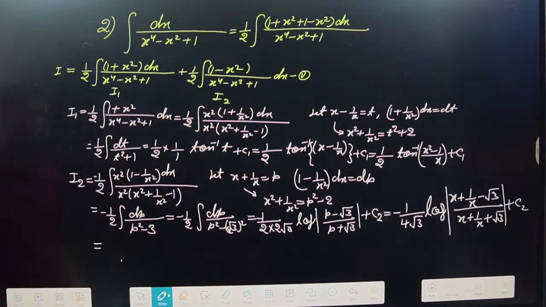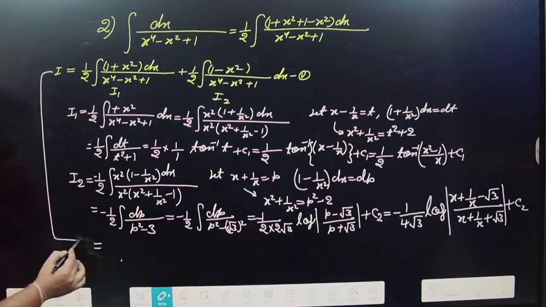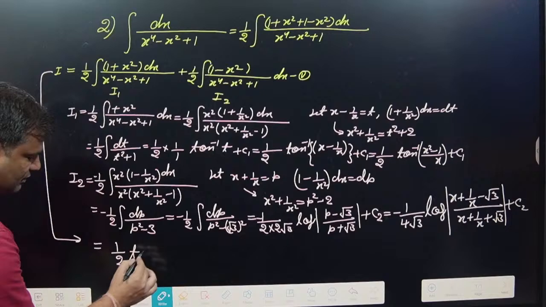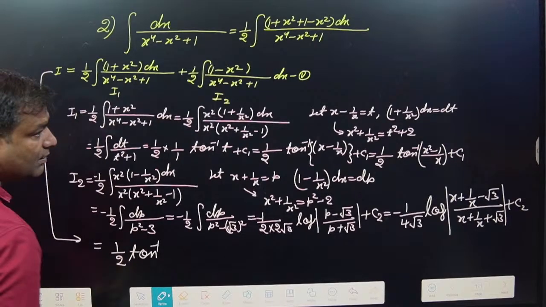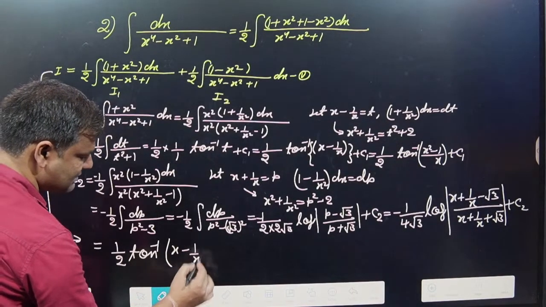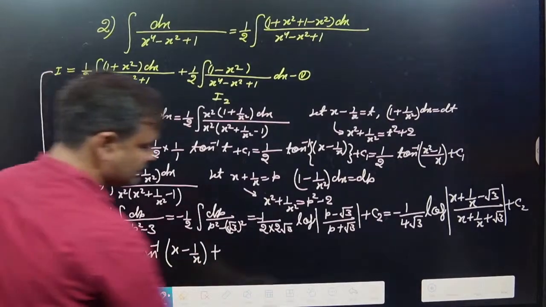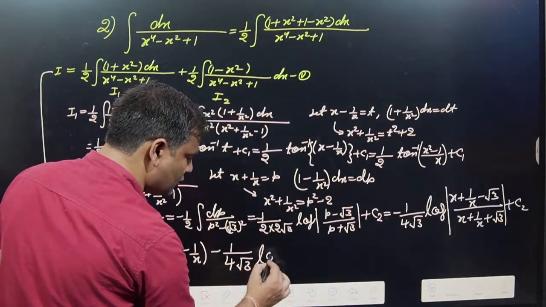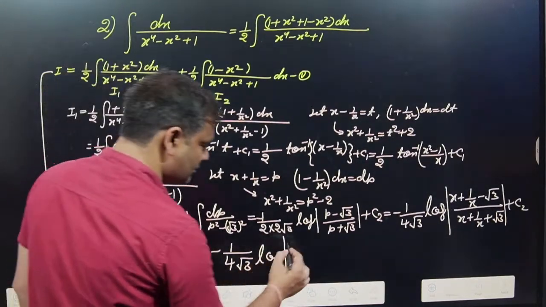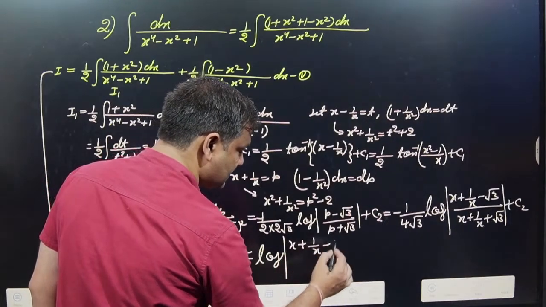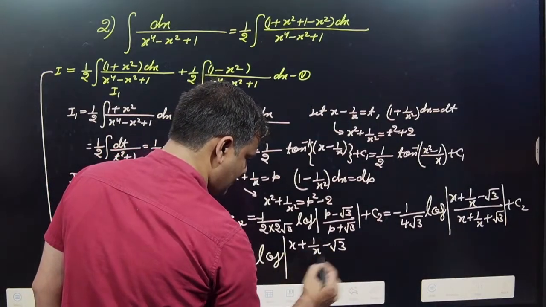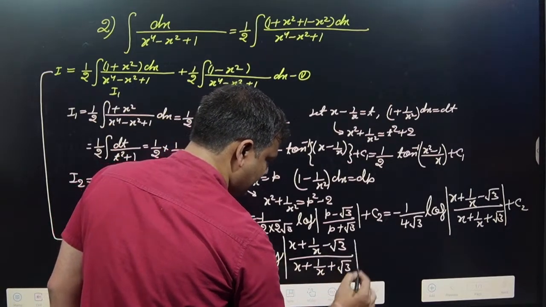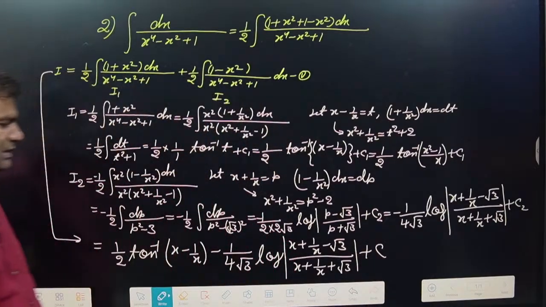Now these two values I1, I2 put here in equation number 1. Then the final answer is 1 by 2 into tan inverse of x minus 1 upon x, minus 1 upon 4 root 3 into log of modulus of x plus 1 upon x minus root 3 divided by x plus 1 upon x plus root 3, plus c1 plus c2 replaced by c.